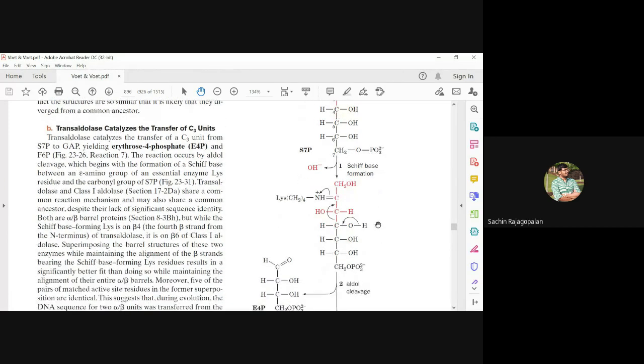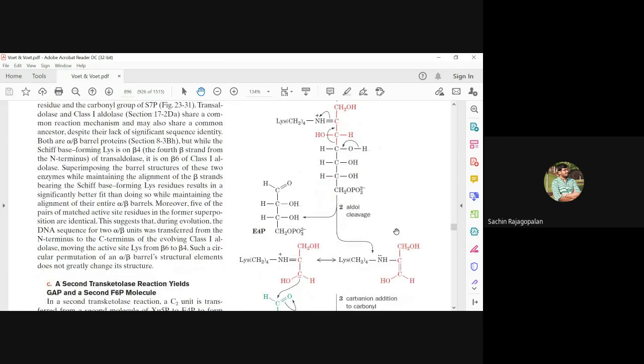Now you're going to remove the hydrogen from the hydroxyl group of fourth carbon, which is going to create a nick over here such that a 4 carbon structure is released, that is erythrose 4 phosphate, and a double bond is introduced between the second and the third carbon, which thereby converts this to a single bond between NH and carbon.